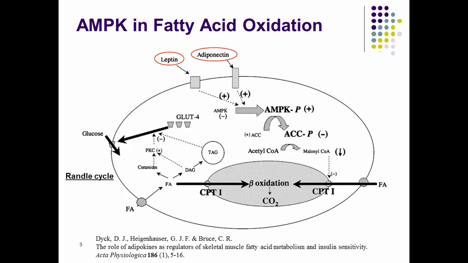Remember? It inhibits. So malonyl-CoA inhibits CPT1. When malonyl-CoA levels go down, this inhibition is relieved, so CPT1 activity is increased. Does that make sense? Then beta oxidation will be increased.